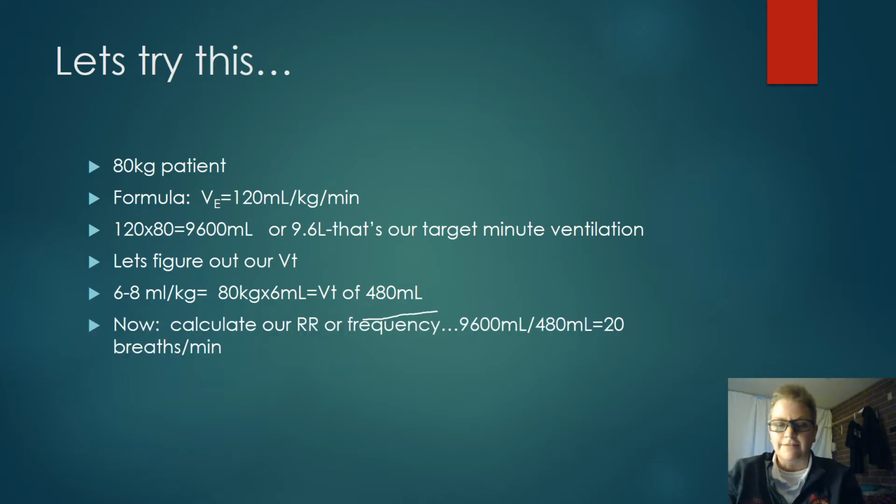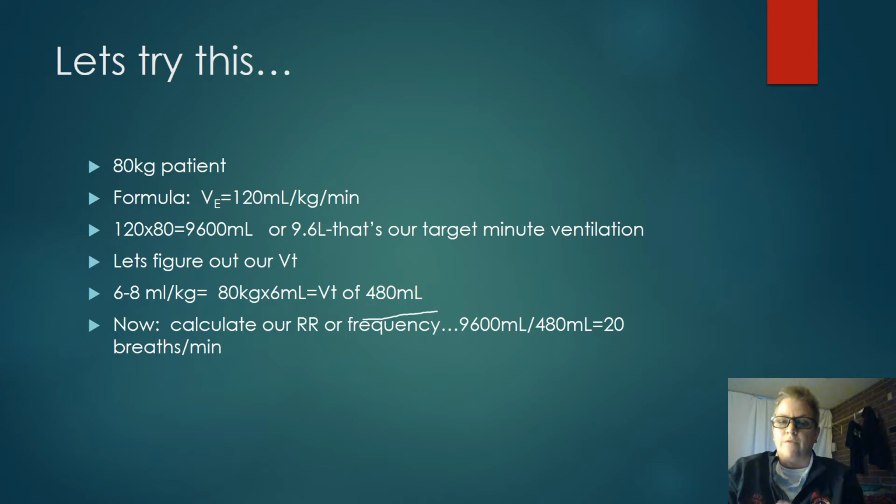Yes, I can. So to calculate our respiratory rate or frequency, we're going to divide our minute ventilation of 9,600 mils by the 480 tidal volume, and that's going to give us a respiratory rate or frequency of 20 breaths per minute.